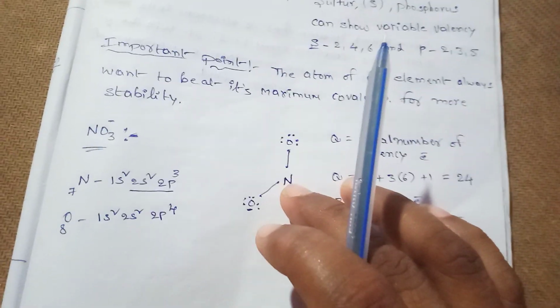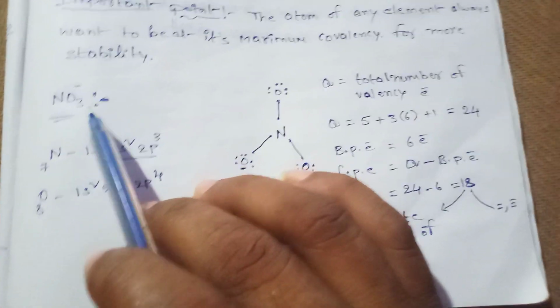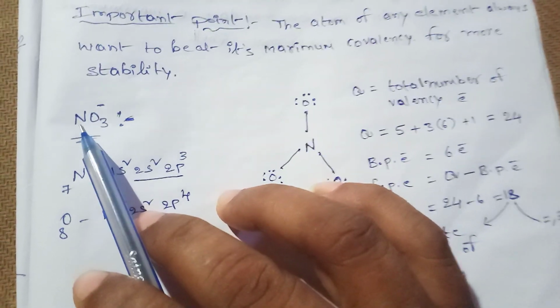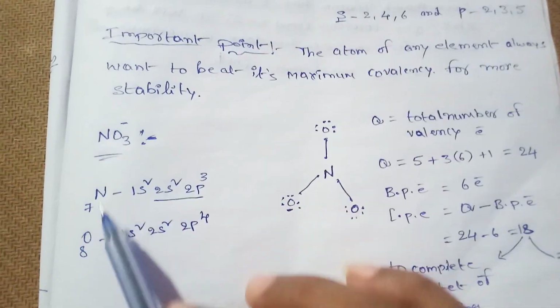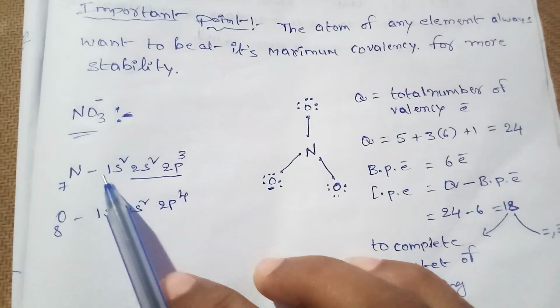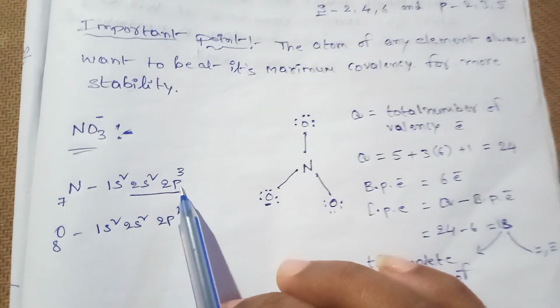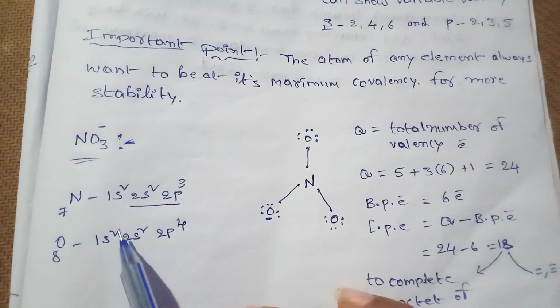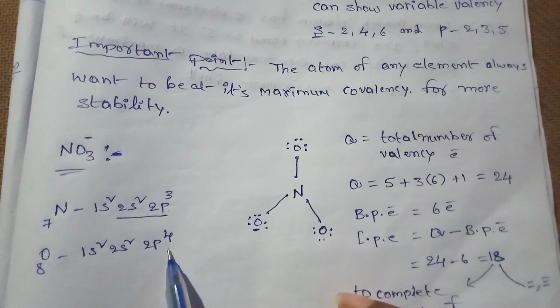Now I am taking the example of the molecule NO3 minus. First we have to know that the electronic configuration of nitrogen is 1s2, 2s2, 2p3, and oxygen is 1s2, 2s2, 2p4. Before that we have to discuss some terms.